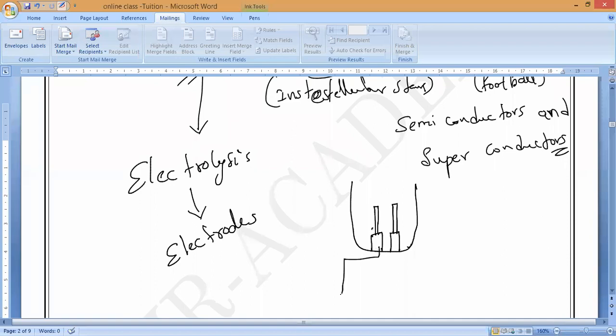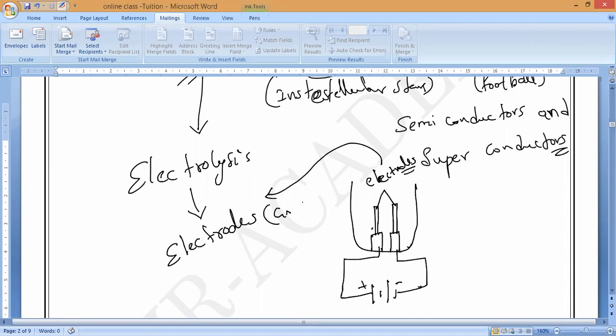Yes or no? These 2 are called electrodes. Basically, these electrodes in electrolysis are made of graphite, because it is a very good conductor of electricity.